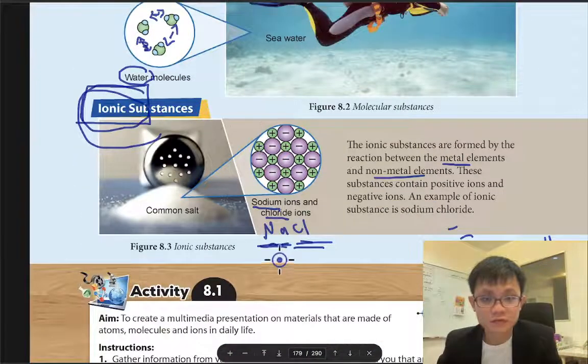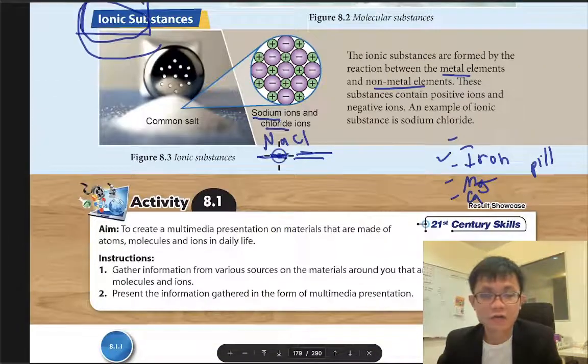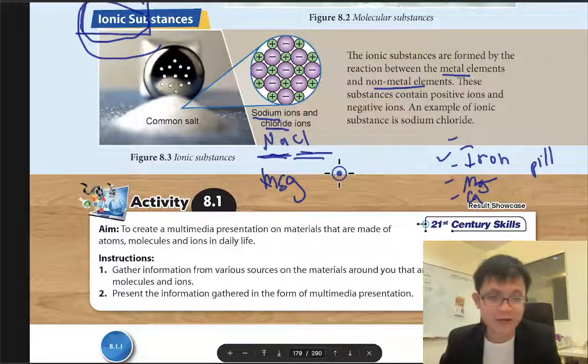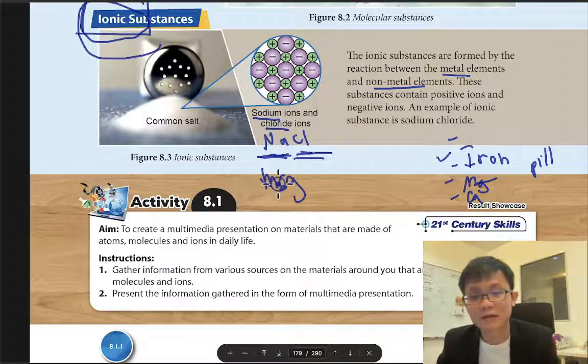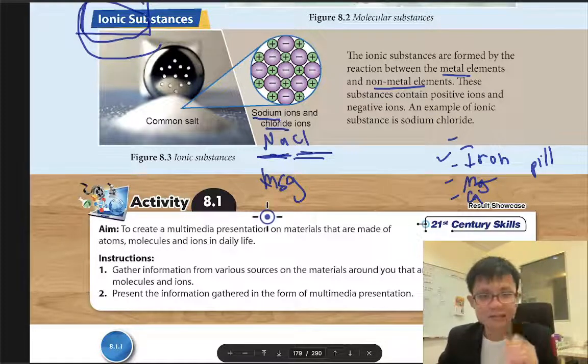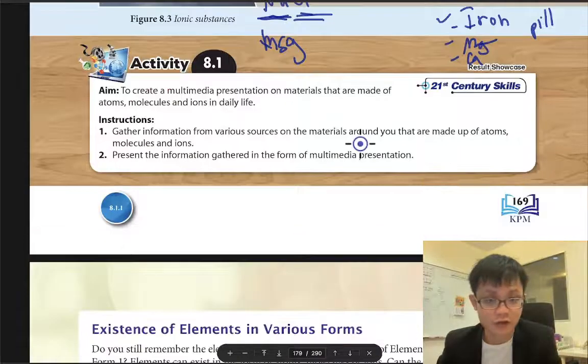Common salt, sodium chloride, NaCl. MSG, just in case for you to know, MSG is monosodium glutamate. So it is found in food like Maggi mee. So you can find in your Maggi mee a lot of MSG, the Ajinomoto. So of course Ajinomoto also is made up from salt.